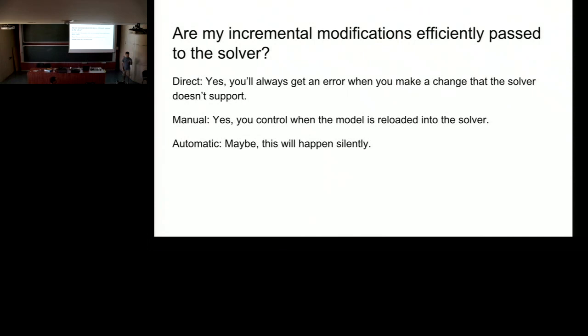Like the CBC or the Gurobi, the Xpress MOI wrapper can decide, I know that Xpress is slow at adding variables one by one, so I'm going to cache them. But the function that is called doesn't know that you are going to call it again and again in the next few iterations.